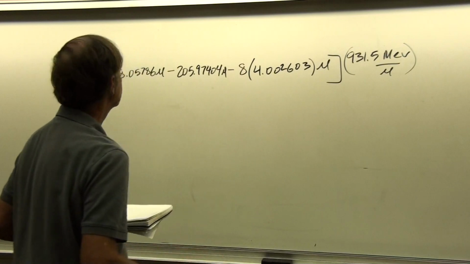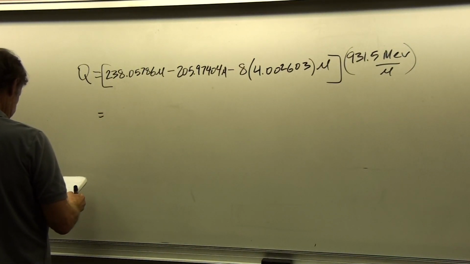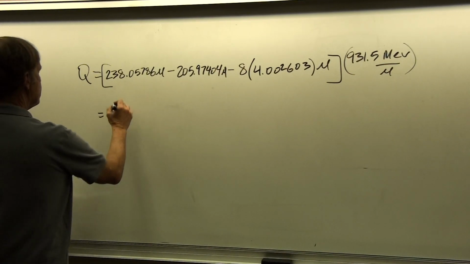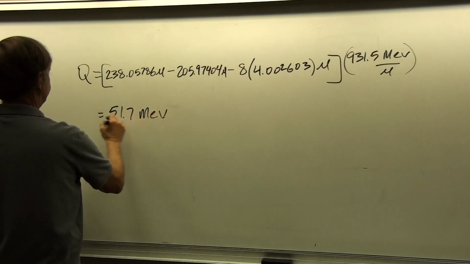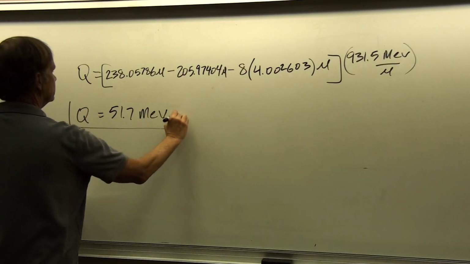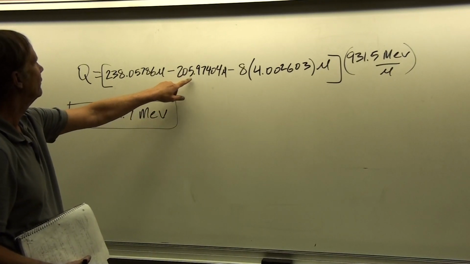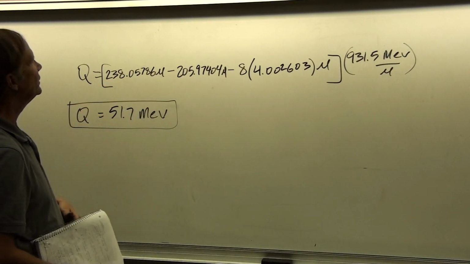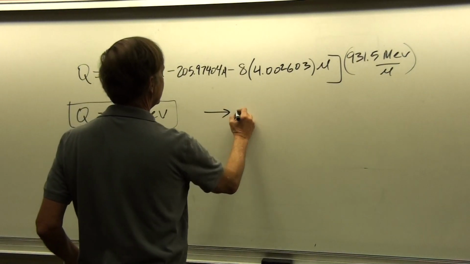Mu's units cancel, and we get a value for Q, which is 51.7 MeV. By looking at the relative amounts of lead-206 to U-238, we can find the age of the Earth.